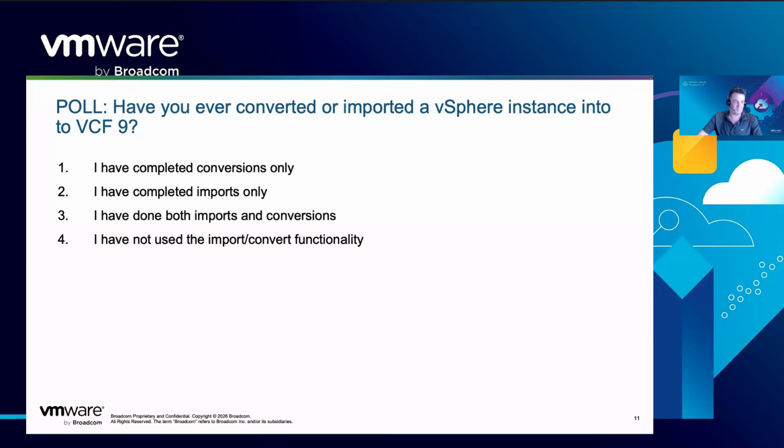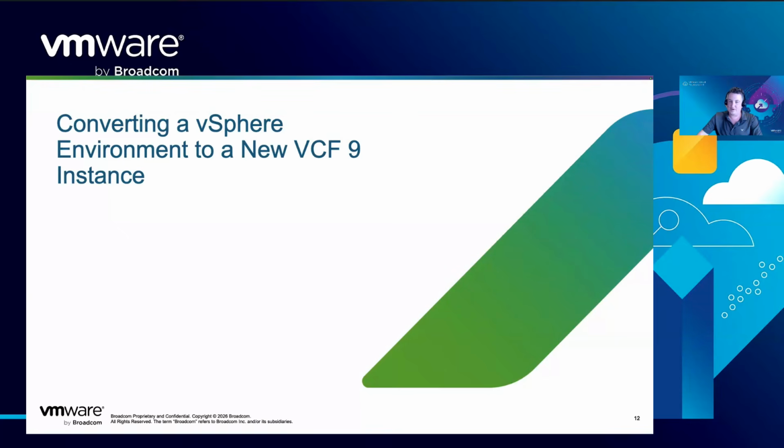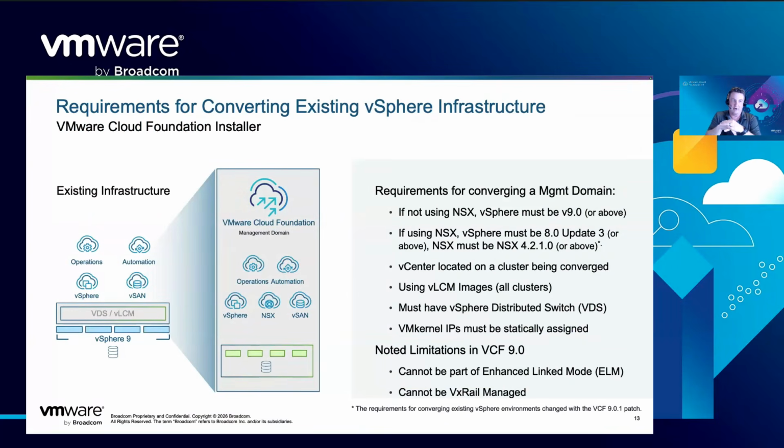All right, so let's jump right into our Converge section. What it's allowing us to do is utilize, like I said, the existing infrastructure that we already have, as long as we meet some of the minimum requirements. I'm not going to read every single requirement, but there are two basic scenarios, with and without NSX. You also have to make sure you're using LCM images.